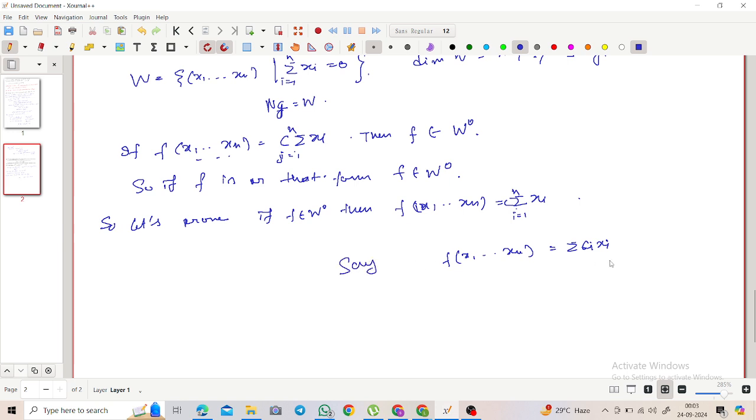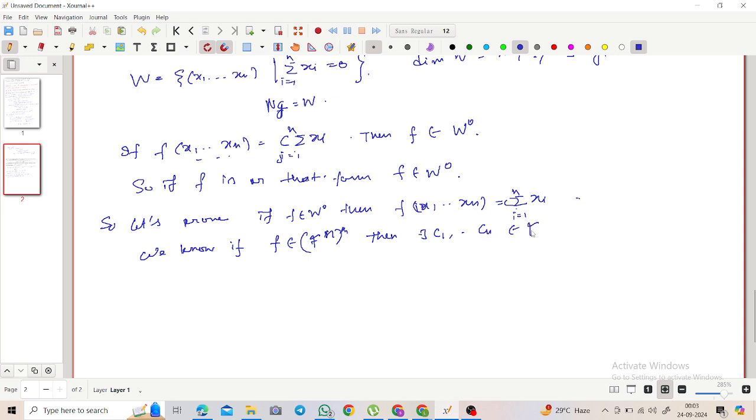Say, we know that if f belongs to Fn star, then there exists c1 to cn belonging to F such that f of x1 to xn is the summation of ci xi, right?